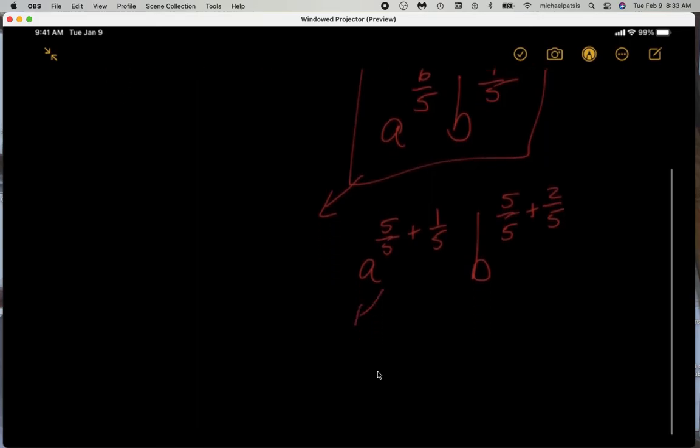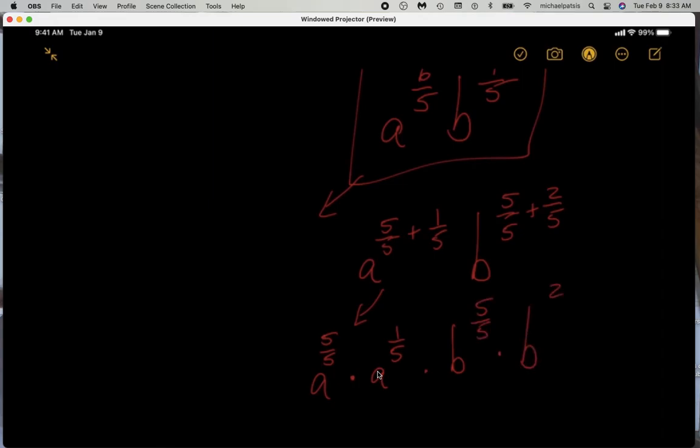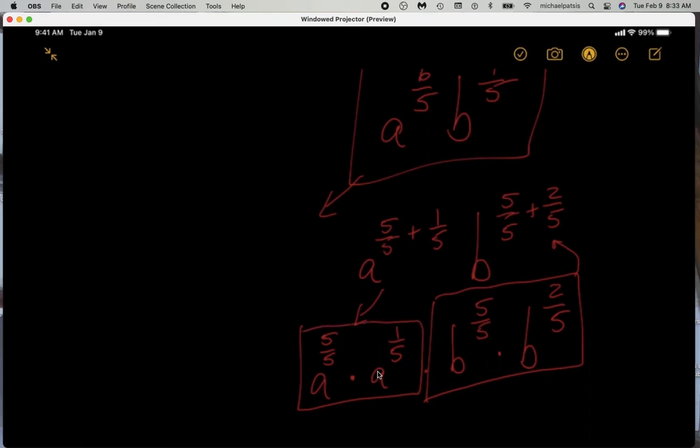This becomes a to the 5/5 times a to the 1/5 times b to the 5/5 times b to the 2/5. How did we do that? We know that when you multiply with a common base, you add the exponents.